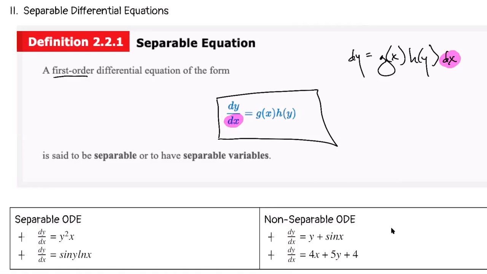So we can absolutely do that, like Dean said, we can multiply that dx to one side, and then I need to get that h of y away, so we're going to take dy and divide it by h of y, and now we've got all our x's on one side and all of our y's on the other side.